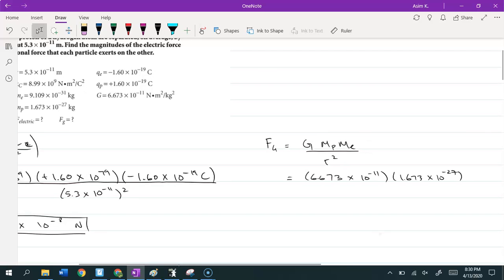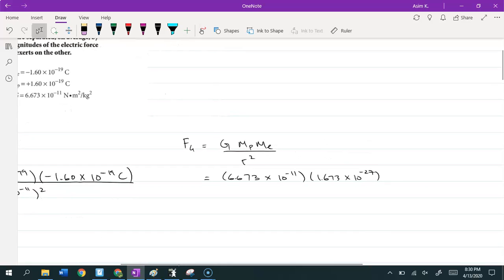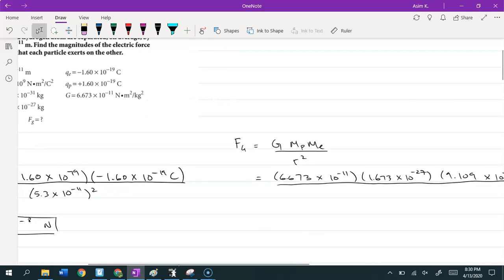The mass of the electron is 9.109 times 10 to the power negative 31. And then finally, the distance between them is the same exact distance as was used in the previous formula, so it's still 5.3 times 10 to the power negative 11 squared.